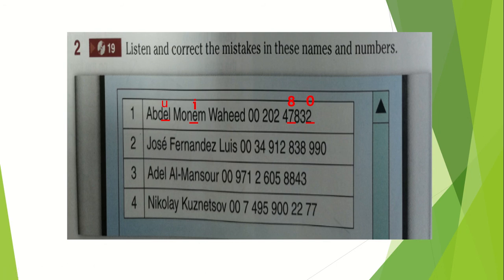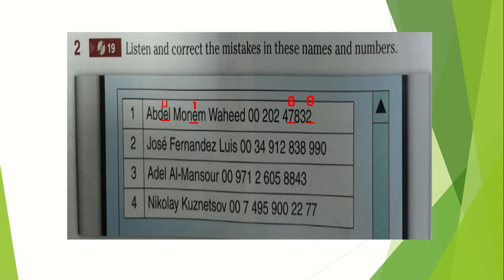2. Jose, that's spelled J-O-S-E, Fernando, that's F-E-R-N-A-N-D-O, Ruiz, that's R-U-I-Z. Phone number 0035912828990. 3. Adil, spelt A-D-I-L, Al-Mansur.